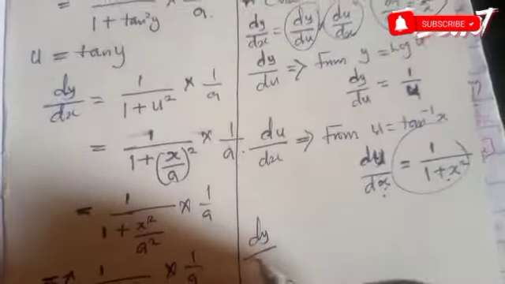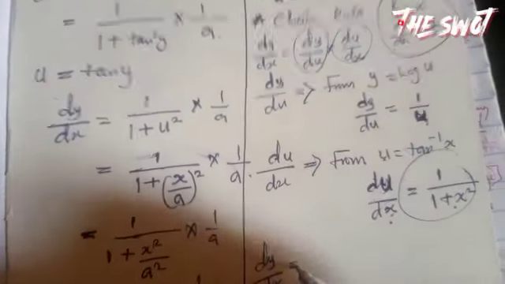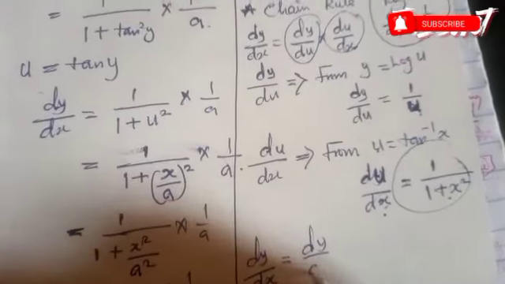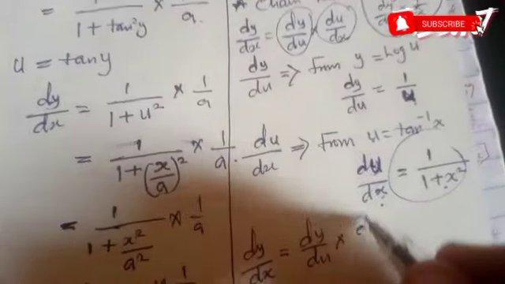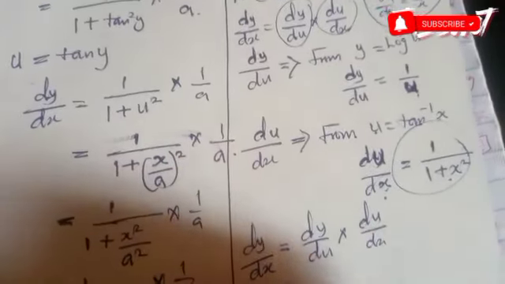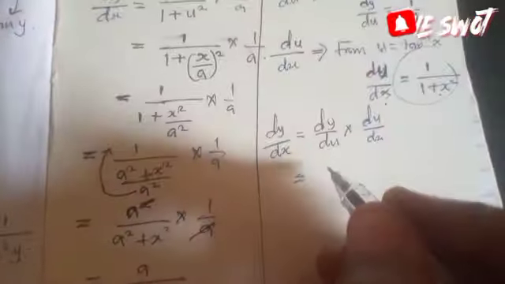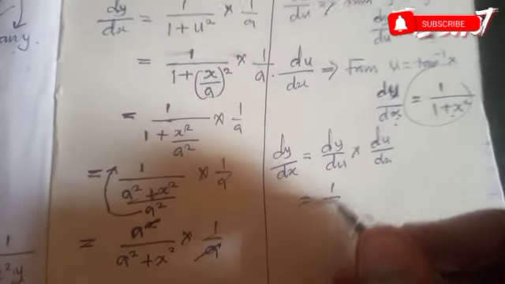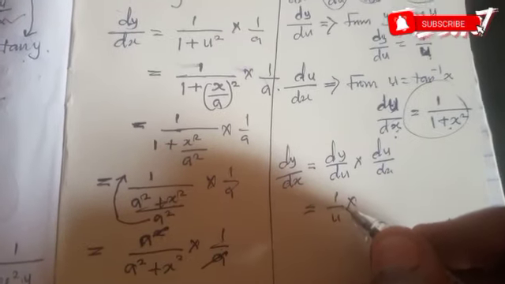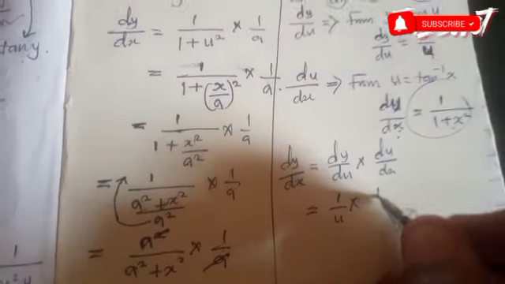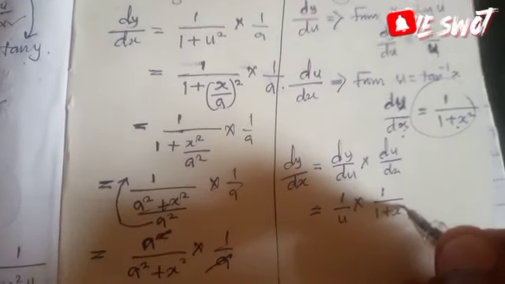Our dy dx is dy du times du dx. dy du is 1 over u, times du dx, which is 1 over 1 plus x squared.